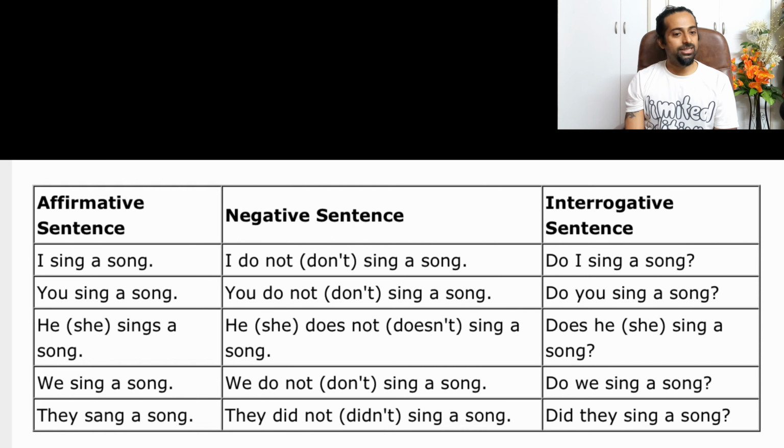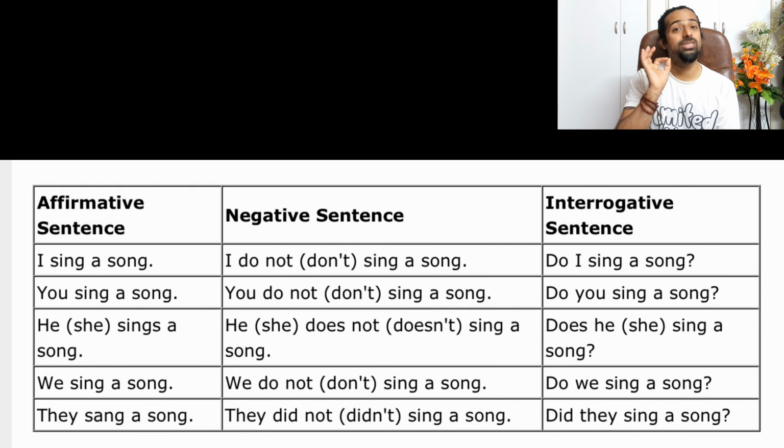Now, in order to understand better, let me share with you some examples. You can see this table. Let's understand. First, affirmative sentence. The first one, I sing a song. This is positive. How to make it negative? I do not sing a song, or I don't sing a song.